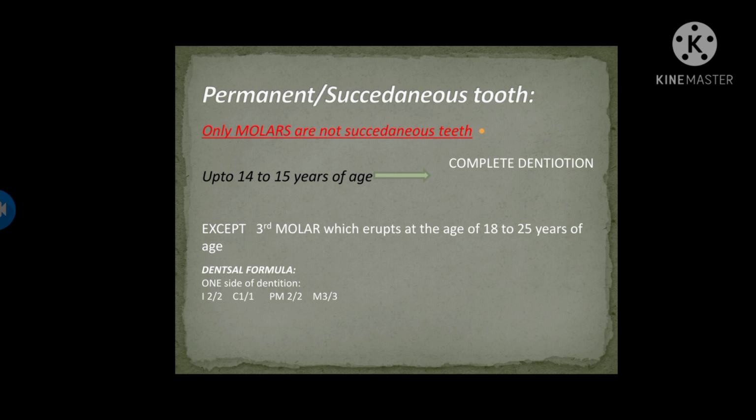And in permanent dentition we have premolars, 2 upper and 2 lower, and we have 6 molars, 3 upper molars and 3 lower molars. On one side we have a total of 16 teeth, multiply it by 2 to get the total number of 32 teeth. And same, anterior teeth are basically incisors and canines in permanent dentition, and posterior teeth will include premolars and molars.